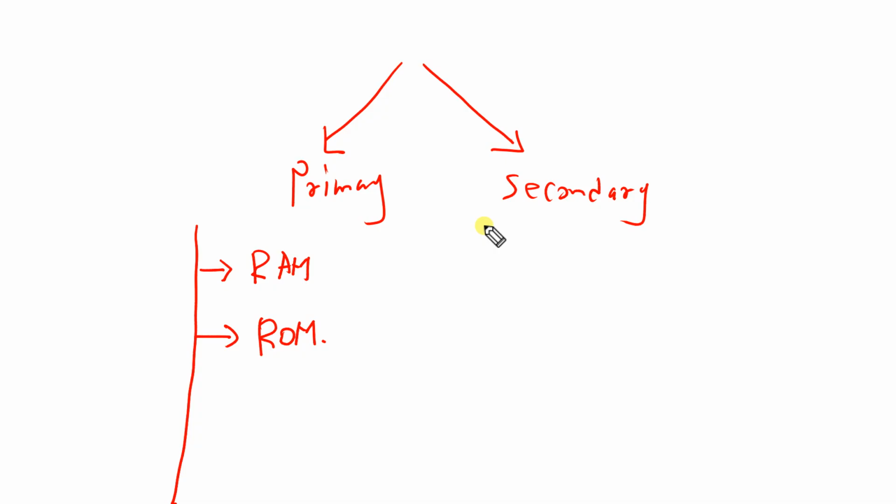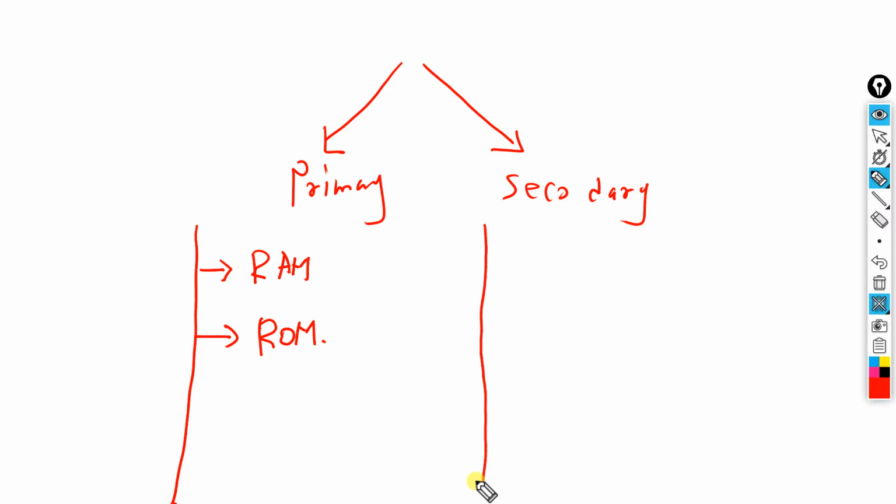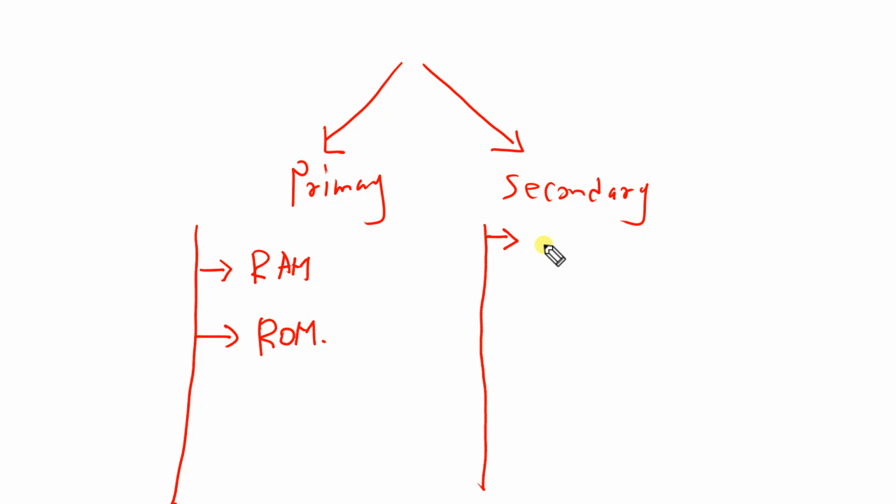Second storages, what are they? Second storage devices, Putte, we have two things. What are the things? We have what? Hard disk is called secondary device.